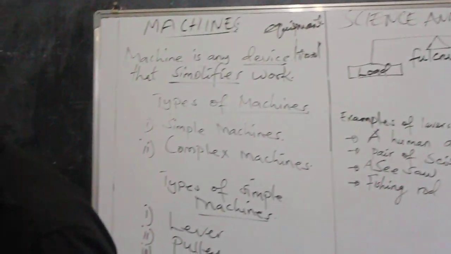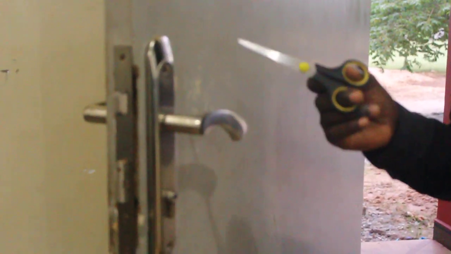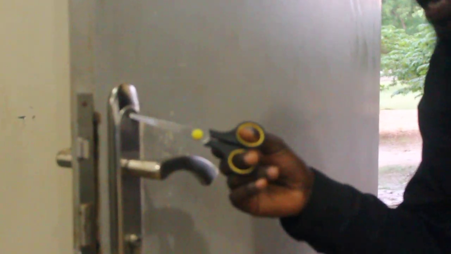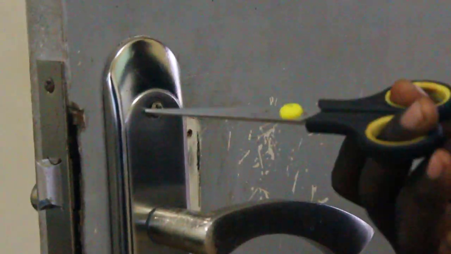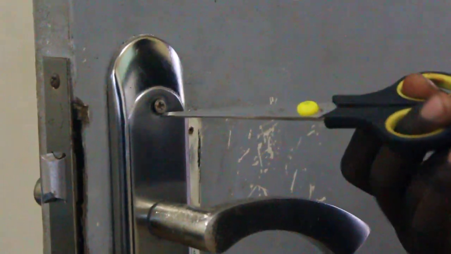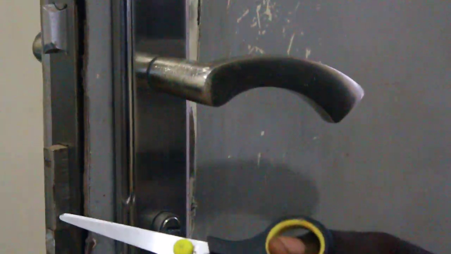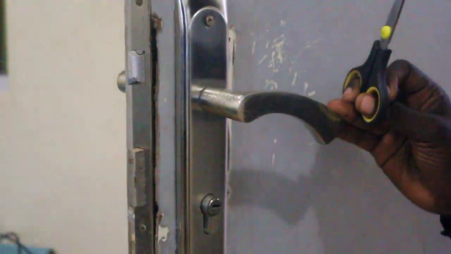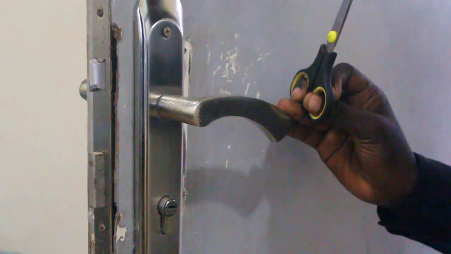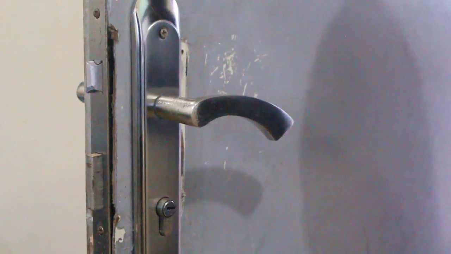If you look at the door lock here, you will find there is a screw. As I said before, a screw is used to join or fix two things together. That means this thing is attached here by a screw. Also, there is a wedge, this one and this one. So the door lock has more than one simple machine, so a door lock is a complex machine.